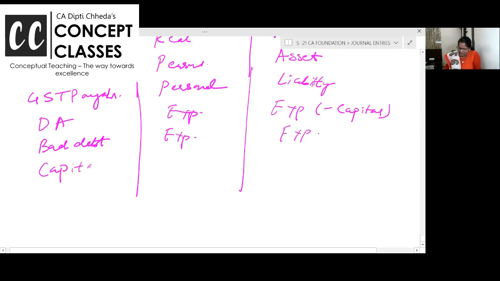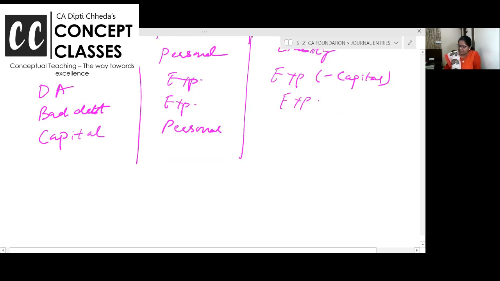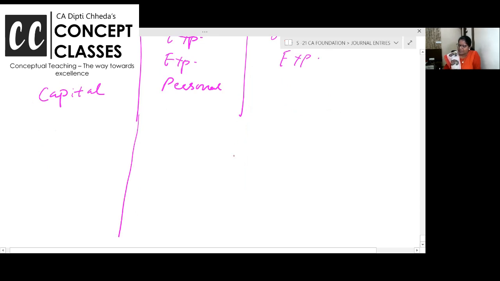Capital is the personal account of the proprietor. Okay. Capital, personal, and here capital.